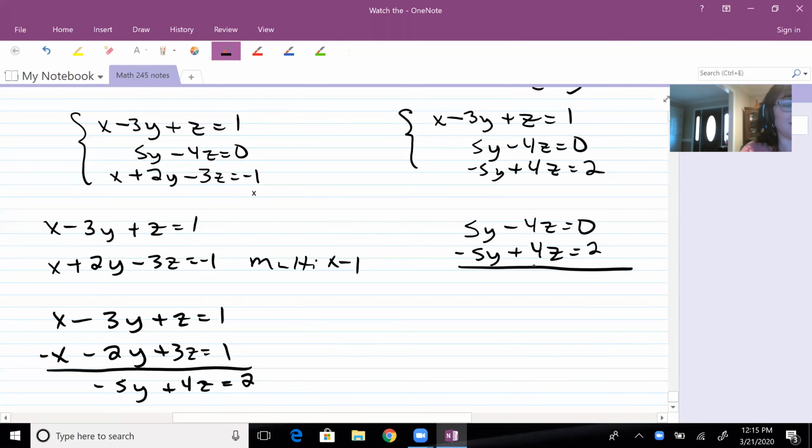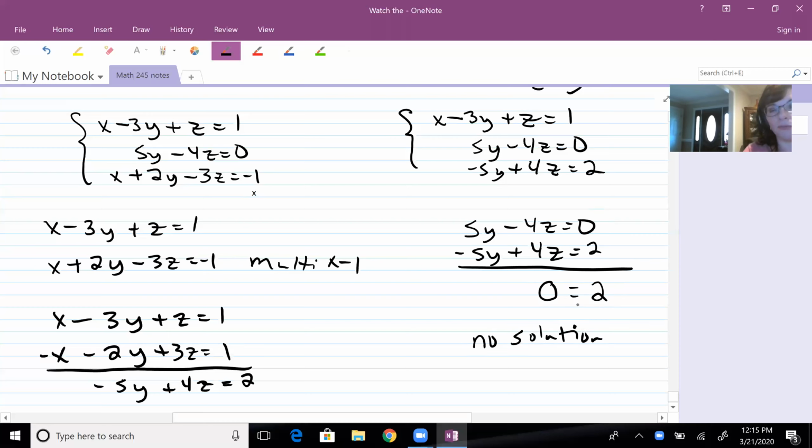And in fact, the z's cancel out too, so that leaves me absolutely nothing on the left side. Over on the right side, 0 plus 2, that's 2. So when your variables cancel out, that's the indicator that you're getting ready to have one of those word answers and not the ordered triple like we saw in the previous problem. Now 0 and 2 do not equal one another, so that's what makes this one no solution.